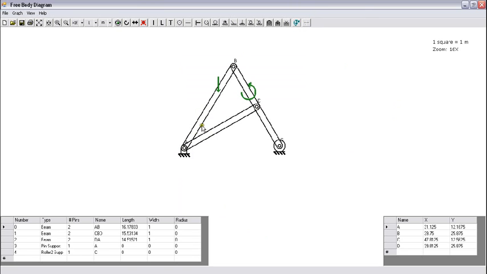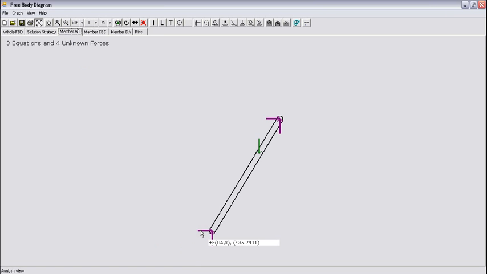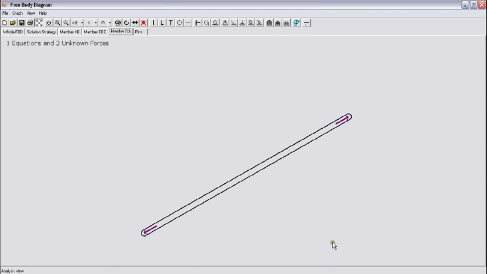So when more than two things are happening at pin A, then the equilibrium of pin A is no longer a simple statement of action equals negative reaction coming from Newton's third law, but it's more than that. So let's look at the equilibrium of member AB. We have 0AX and 0AY as before. Let's look at member DA, and here we have F2A which is coming from the two-force member.